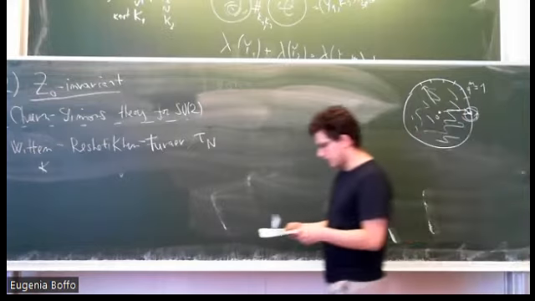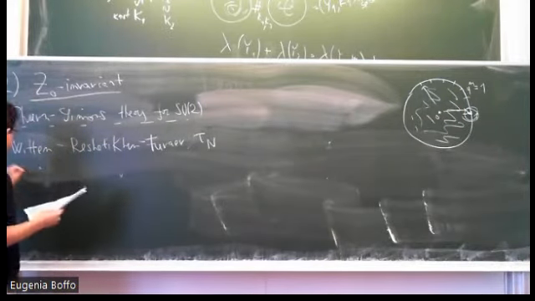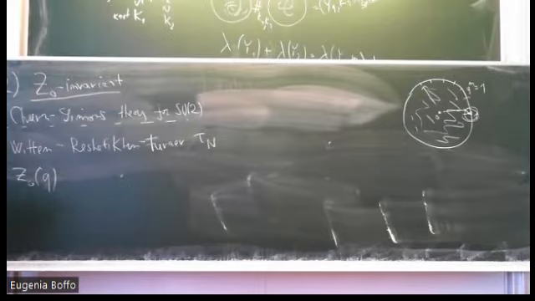Okay. So yes, this Z0 is a function of q, where q lives in a unit disk.